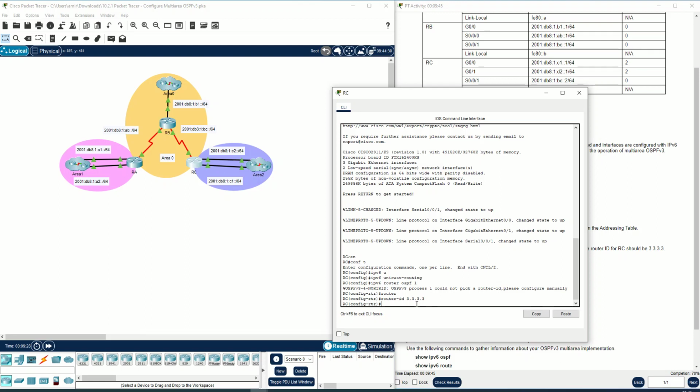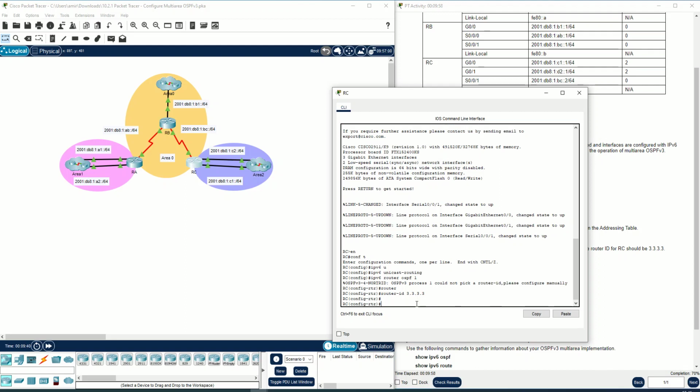It's good advice to set the router ID because we want to intervene and involve ourselves in the DR election, designated router election, I mean.